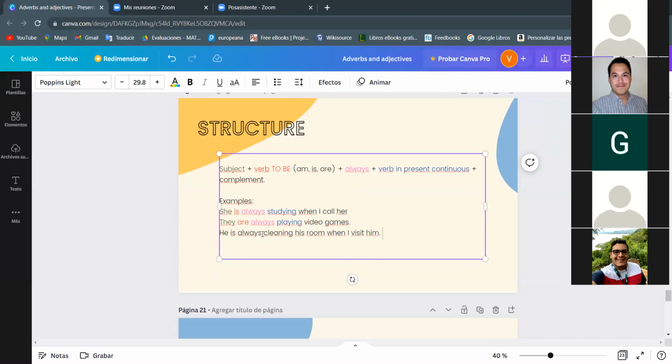Okay. Verb to be. Luis, what's the verb to be in that sentence? Is. Good. And what is the verb? The verb in present continuous. What is the continuous verb in that sentence?